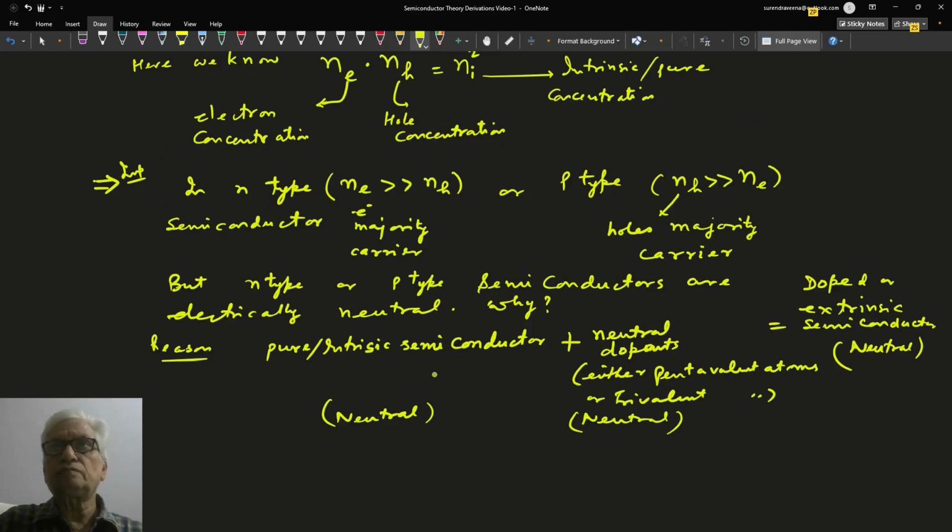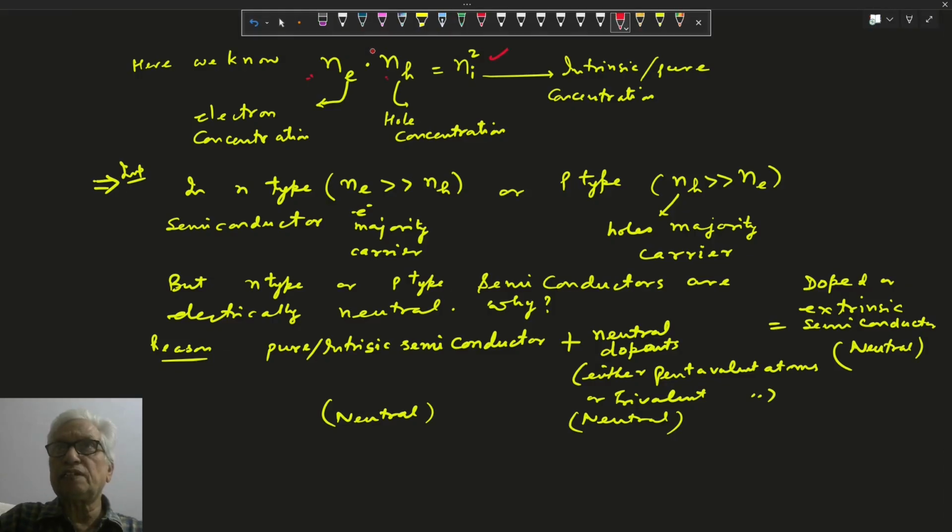Here we know Ne NH is equal to Ni square. Ne is electron concentration, NH is hole concentration, Ni is intrinsic or pure concentration. In N-type, the number of electrons per unit volume, the electron density, is higher than the hole density. Electron is the majority carrier in N-type, and hole is the majority carrier in p-type.